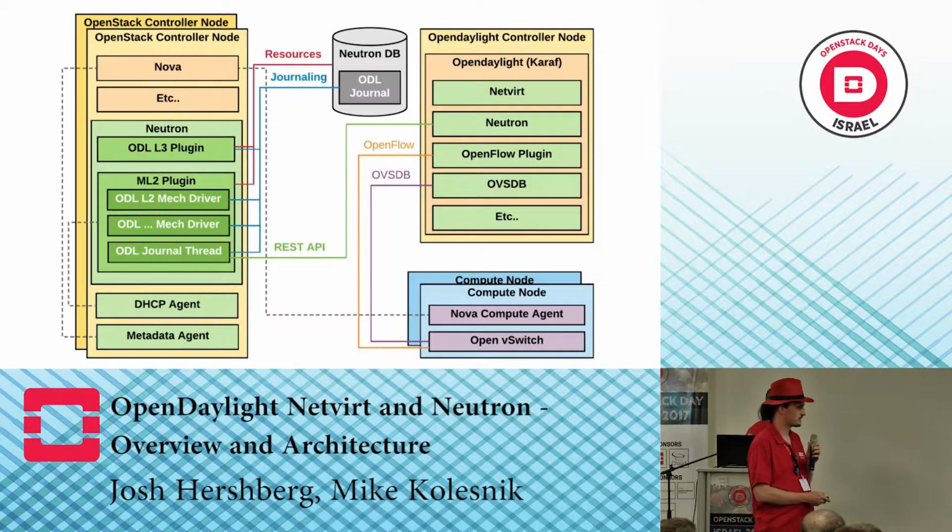We have other applications like the OpenFlow plugin and OVSDB, which each talk with the appropriate protocol with the OpenVSwitch running on the compute node. As you can see, we don't have any special agent running on the compute node, just plain old OpenVSwitch. Obviously you have a Nova Compute agent, maybe some other OpenStack related agents, but nothing new networking specific.